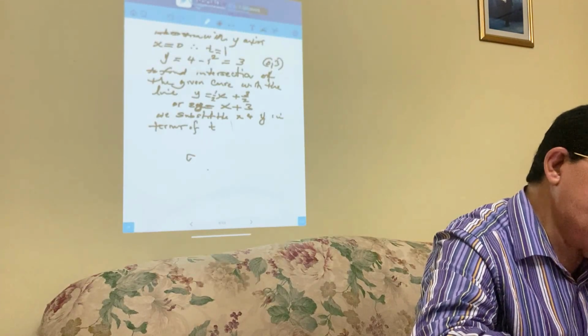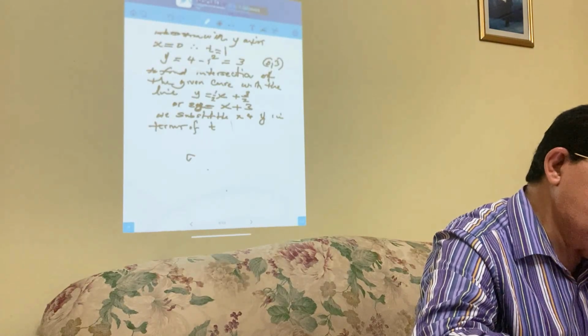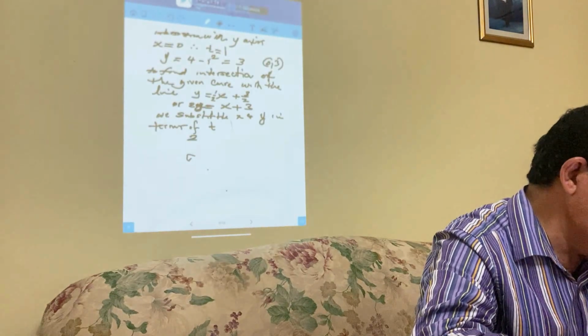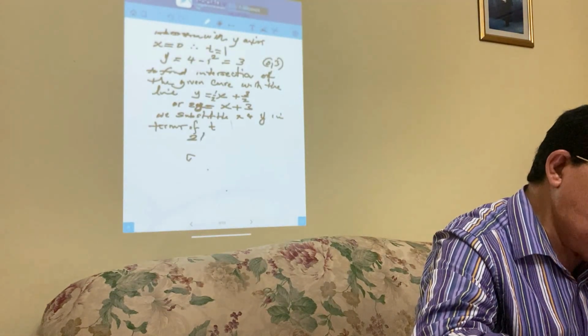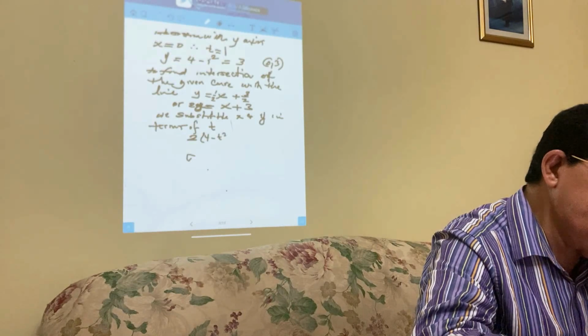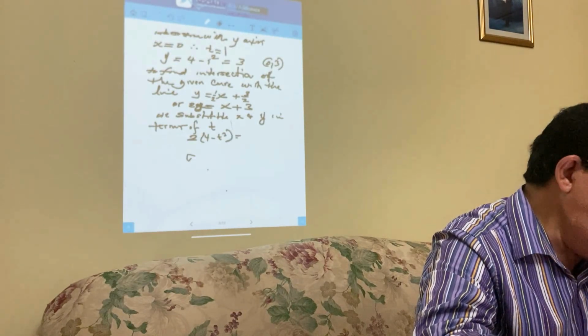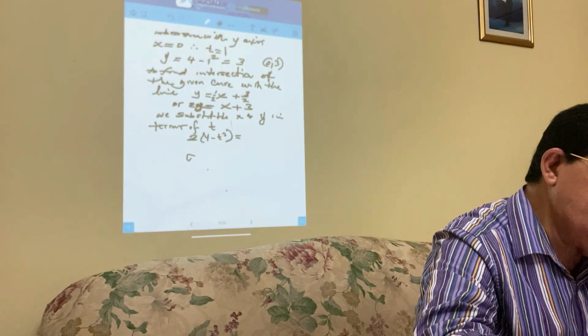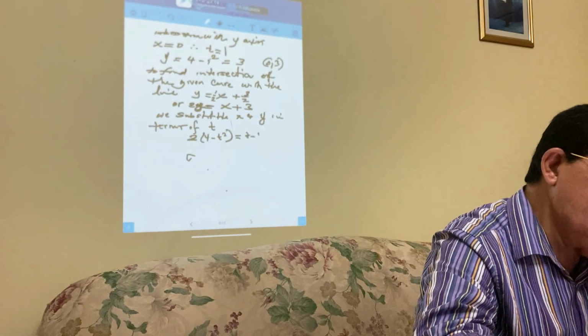Then we get 2y, where y equal 4 minus t squared, equal x, which is t minus 1, plus 3.